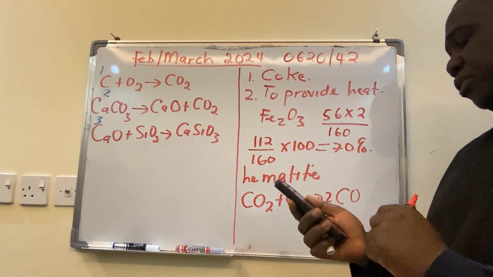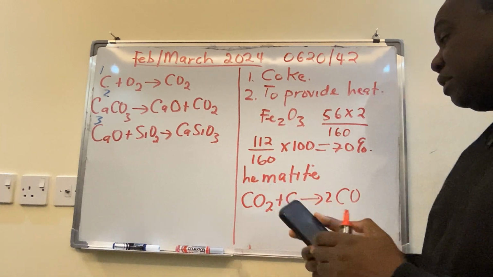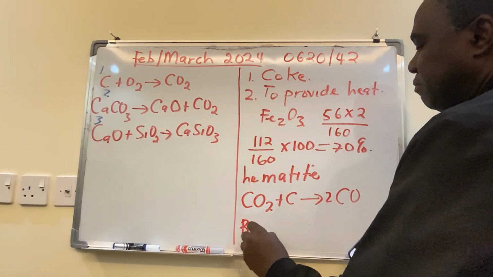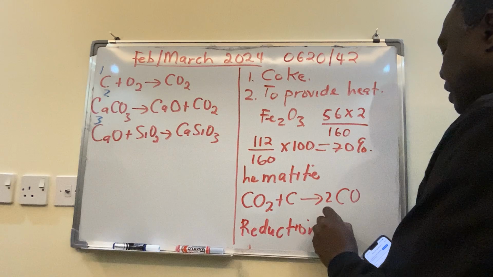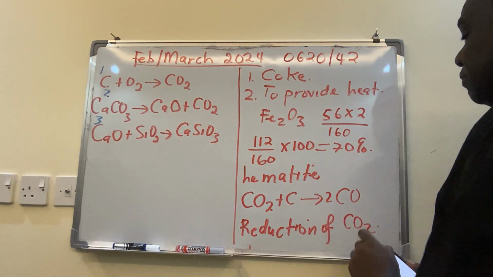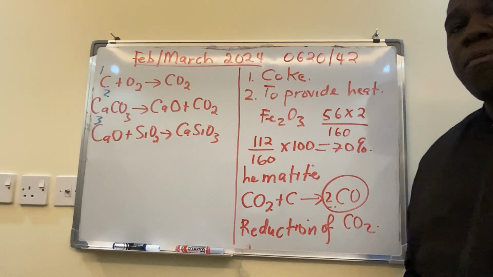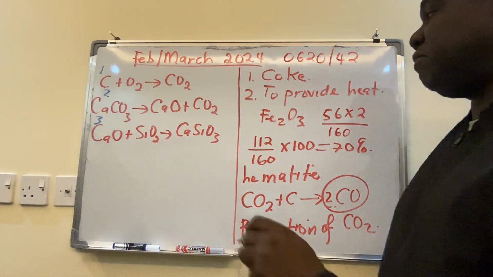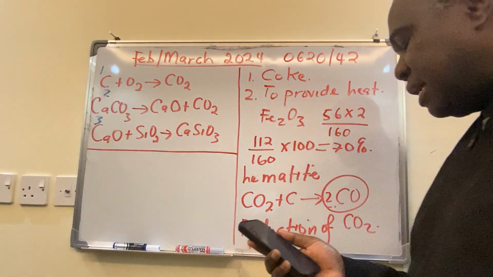So our answer will simply be reduction of carbon dioxide. There is a reason why we are forming carbon monoxide. It is very important, and there's a reason we need it in the blast furnace.